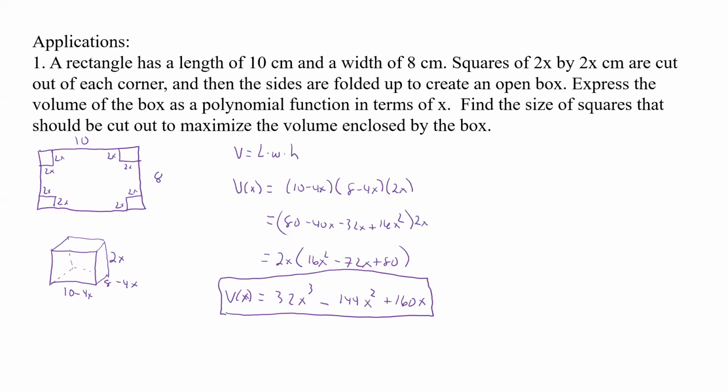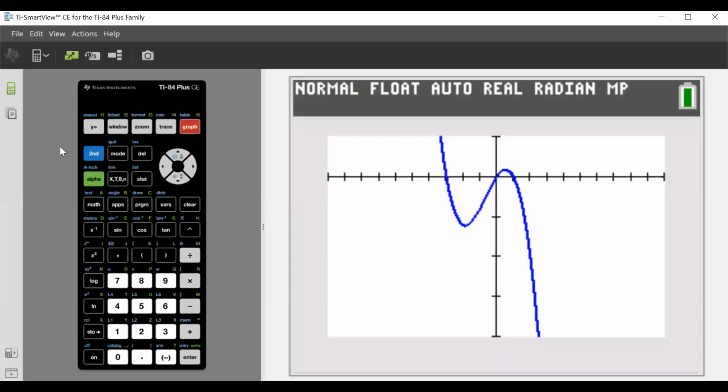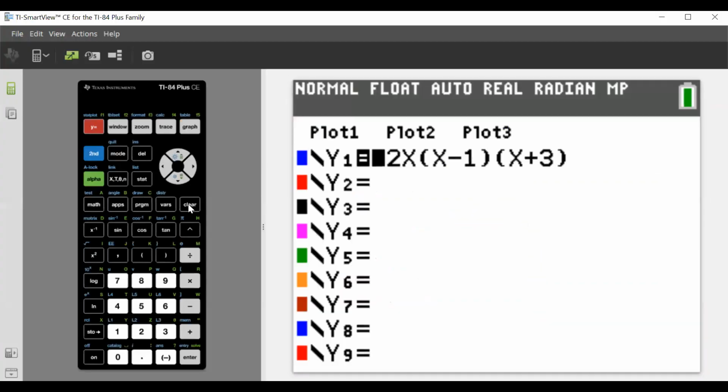All right, so the next thing is they want us to find the size of the squares that should be cut out to maximize the volume enclosed by the box. And now we get to use technology, because we're going to plot this equation and use features of our calculator to find the maximum. So going back to our calculator, I'm not sure where this is going to graph, but we'll type in our new graph here.